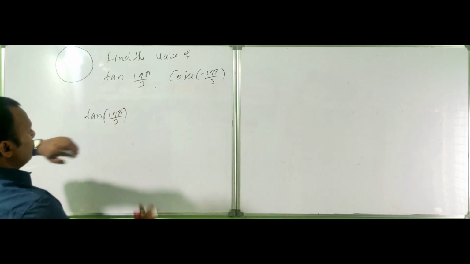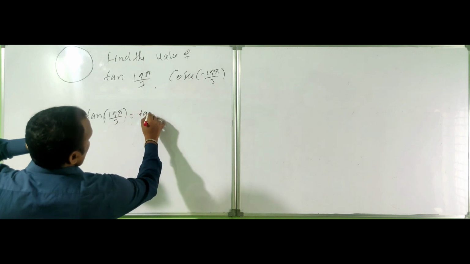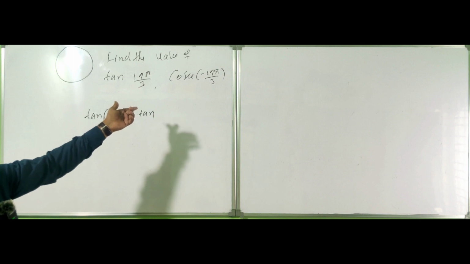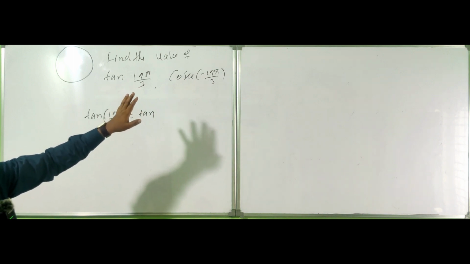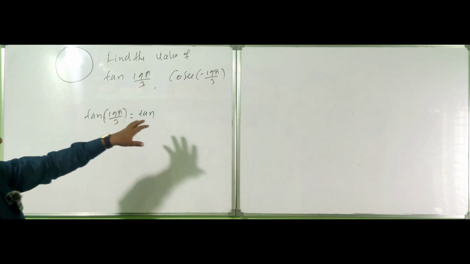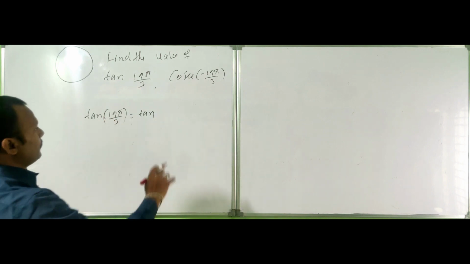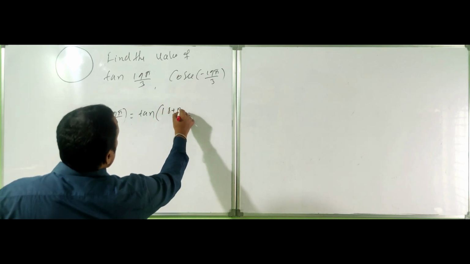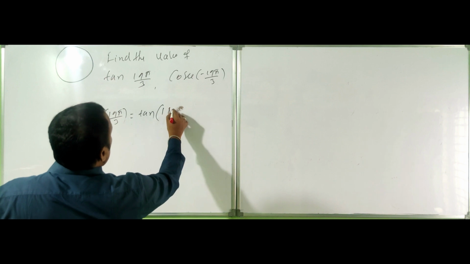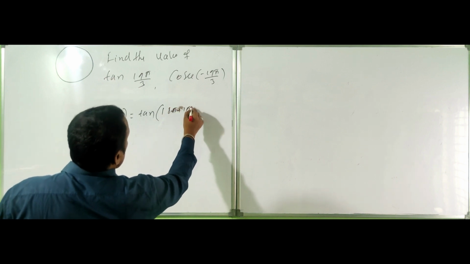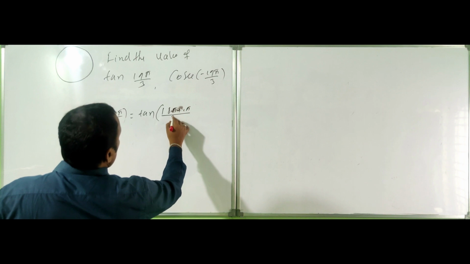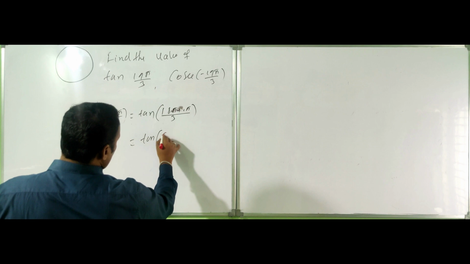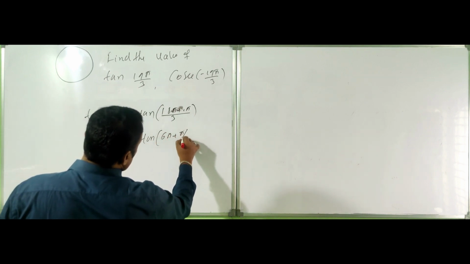This you can write as tan. Consider the denominator: take the multiples of 3 in even number, because tan has a period of pi. So this becomes 18 pi plus 1 pi divided by 3. This becomes tan of 6 pi plus pi by 3.